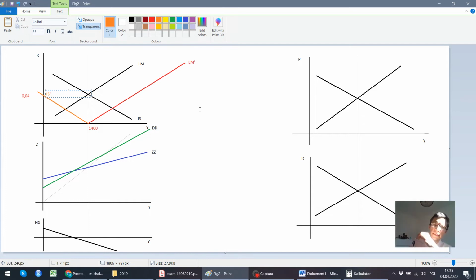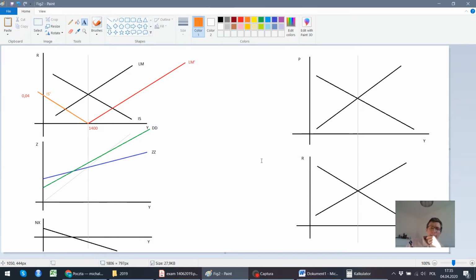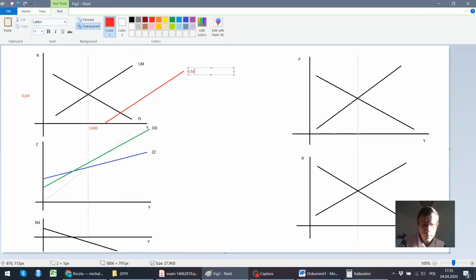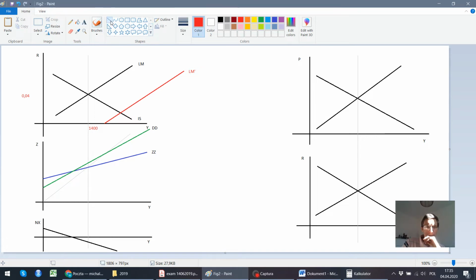And of course, I'm drawing it in an incorrect way. Let me just redraw it. This will be fast. Okay. So we have the new LM curve. All right. And we have the new IS curve.